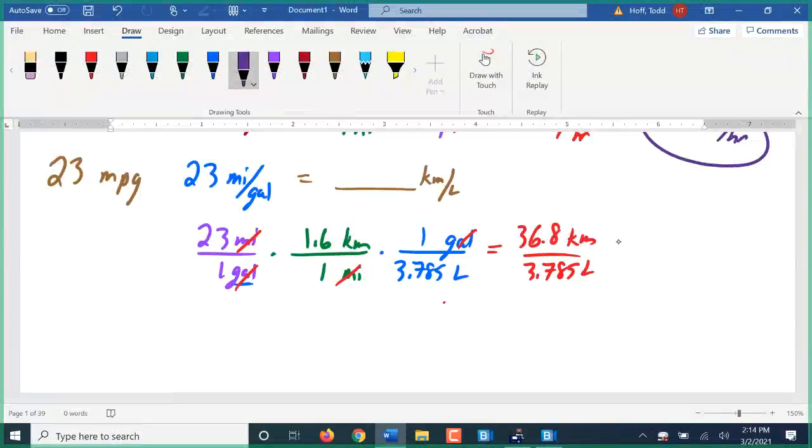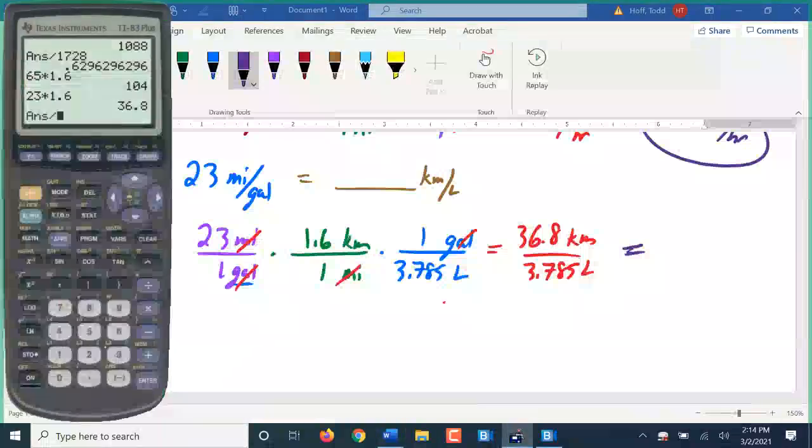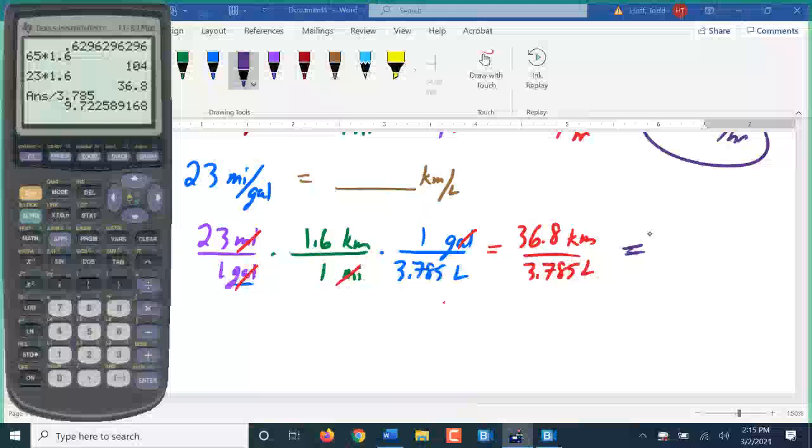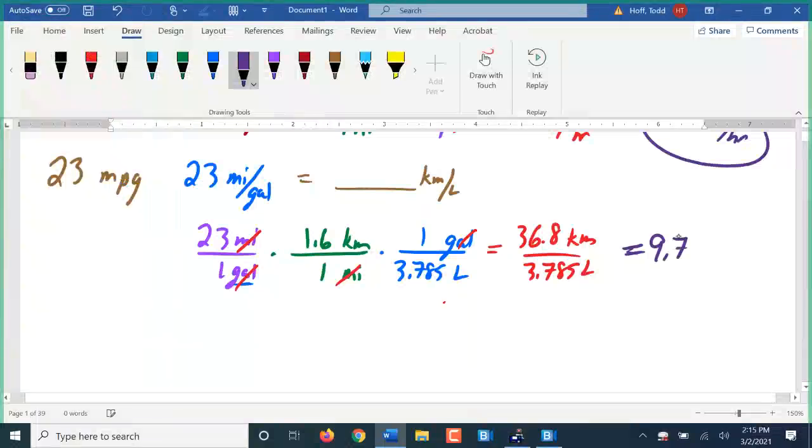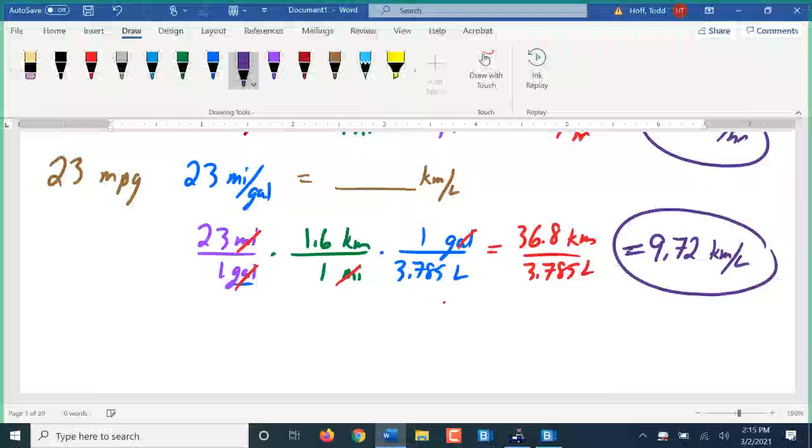Now we have to divide that out. 36.8 kilometers divided by 3.785 gives us 9.72 kilometers per liter. It doesn't sound nearly as impressive to talk about 10 kilometers per liter versus 25 miles per gallon, but they are pretty close to the same.